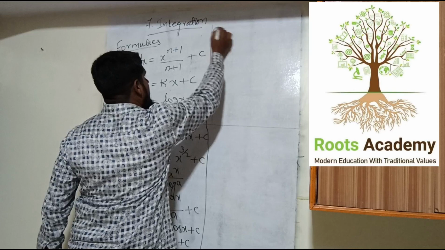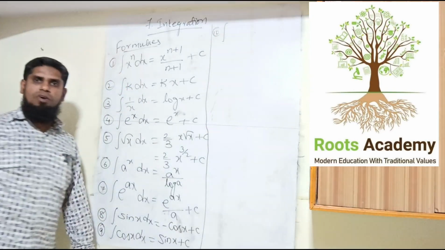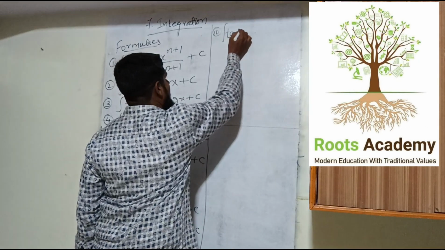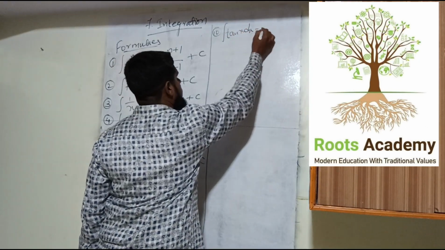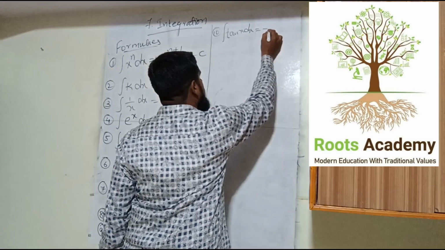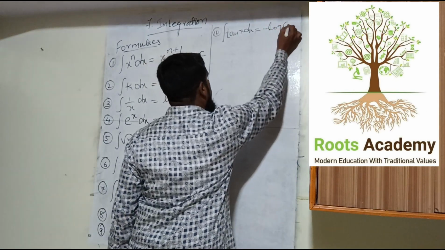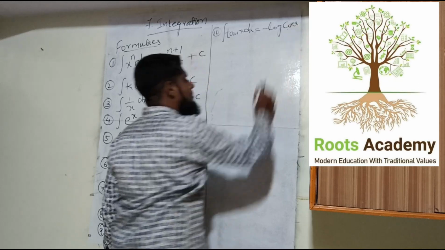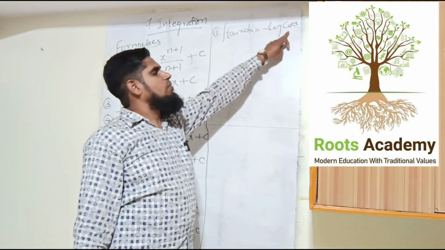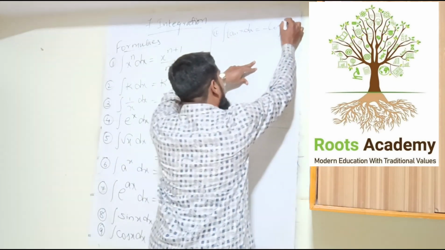Next, integration of tan x. Tan x dx is equal to minus log of cos x plus c, obviously. I use brackets here.